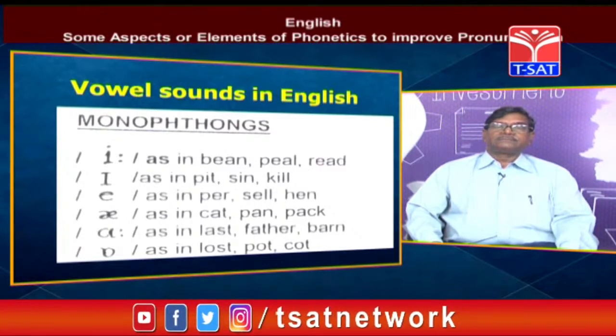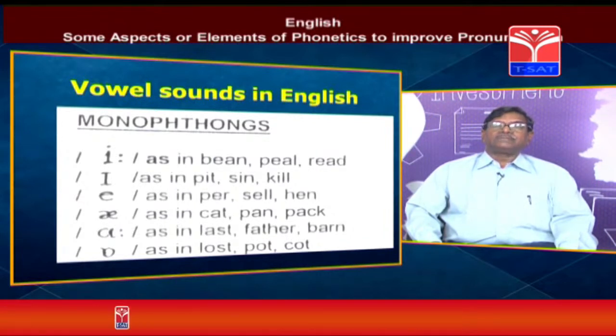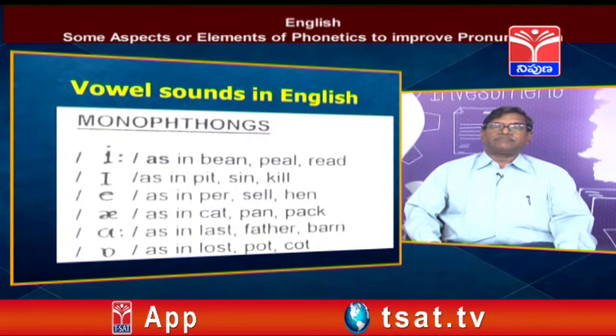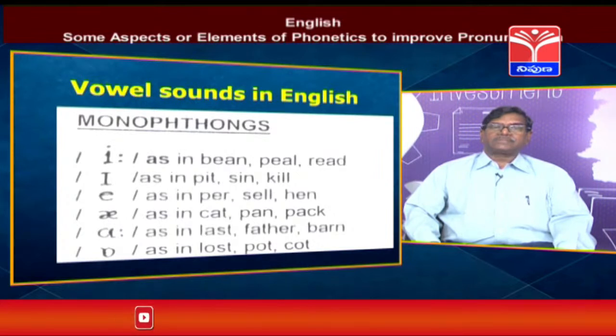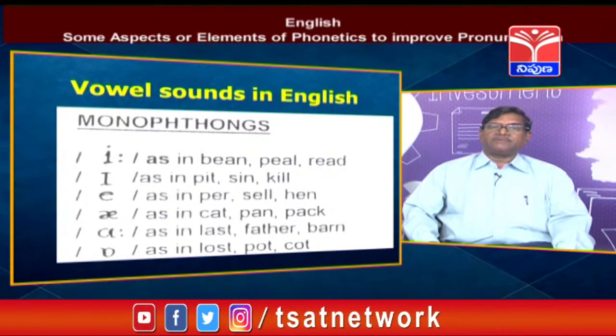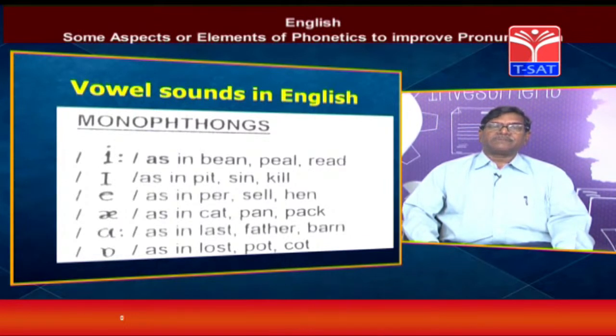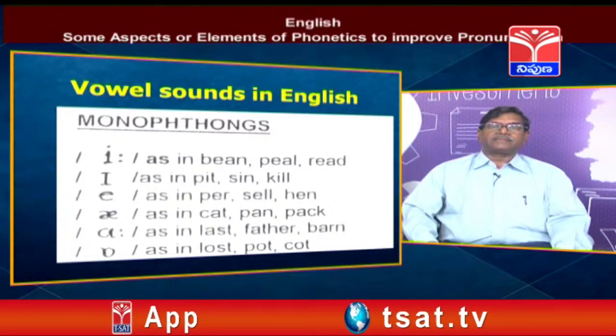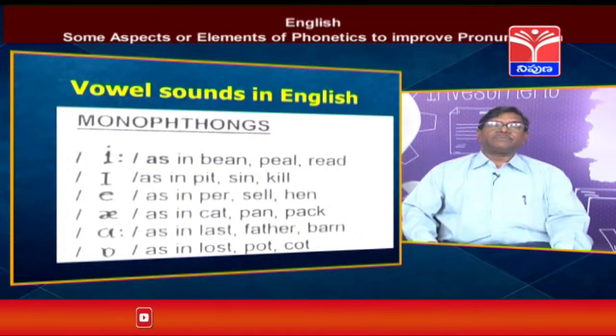And then the symbol for the sound in the words cat, pan, pack. This sound is not found in our Indian languages. It is there only in English. We do not have it in our Indian languages. A sound, as in cat, pat, rat, pack, like that. The symbol you can see.